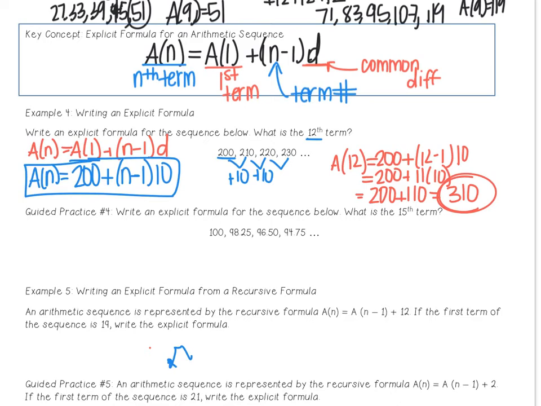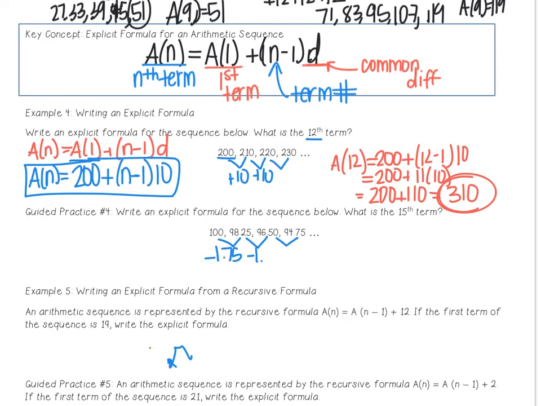Okay, guided practice 4. I'm going to do this one with you again, especially because it is decimals. So to go from here to here, from here to here, and from here to here, what difference is that? We are going down 175.